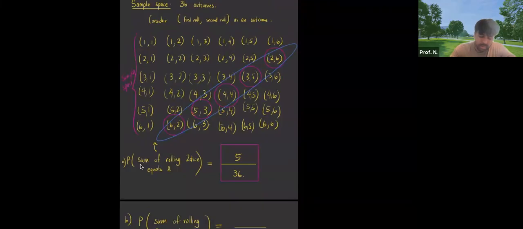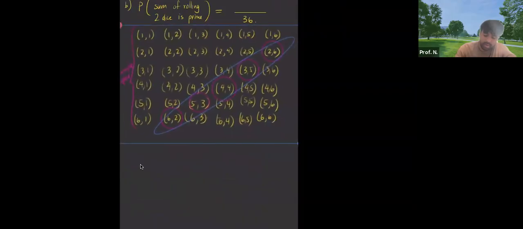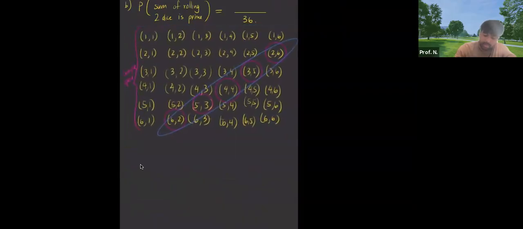Let me copy this here so we don't confuse ourselves, and I'm going to erase this here. We're not considering 8 anymore, because 8 is not prime. So these guys here, no good.